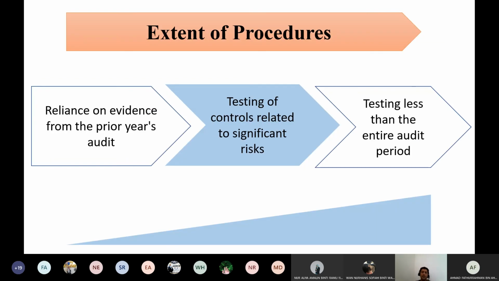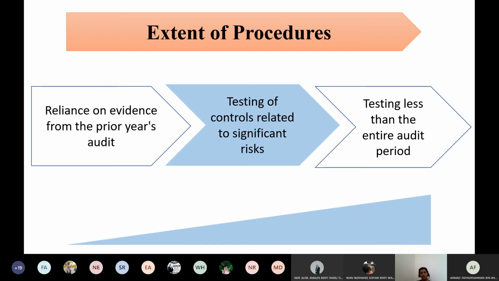Okay, the extent of audit procedures, the extent of internal control testing procedures. Should we rely on the evidence from the prior year's audit? So let's say for an existing client, we already did all of this internal control testing last year.